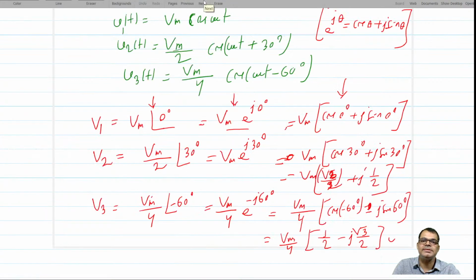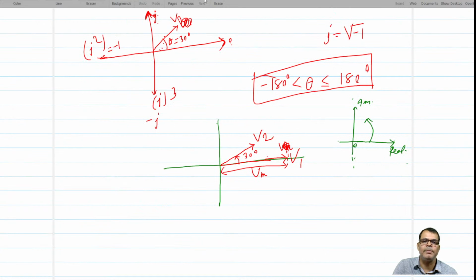V3 is at minus 60 degree, but Vm upon 4, that is divided by 4: 1/4 of V1 or 1/2 of V2, but the angle is negative 60 degree. This is your V3.